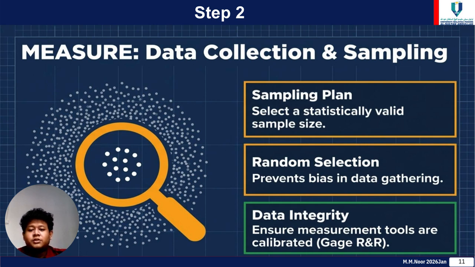Second, we enforce random selection to completely eliminate operator or shift bias during data gathering. Finally, we protect data integrity. Before we trust any dataset, we must run a gauge repeatability and reproducibility study, or gauge R&R, to mathematically prove that our measurement tools and operators are calibrated and reliable.